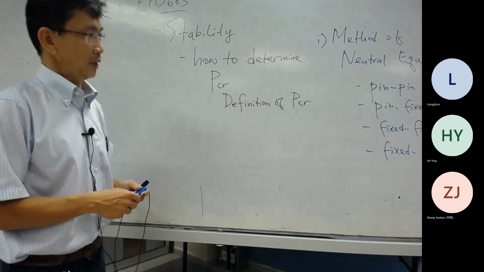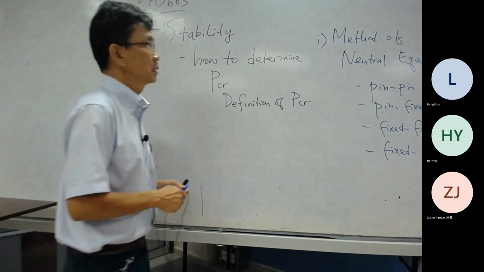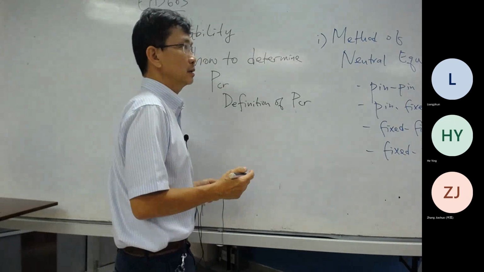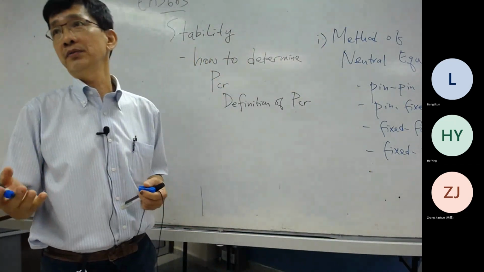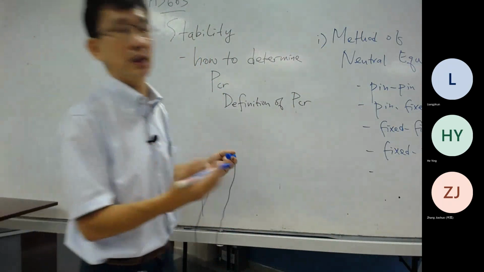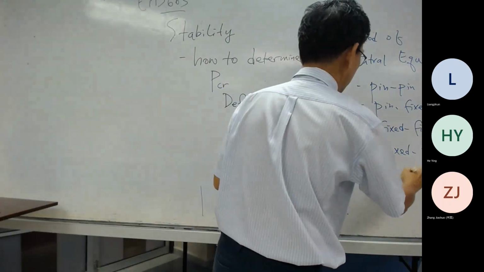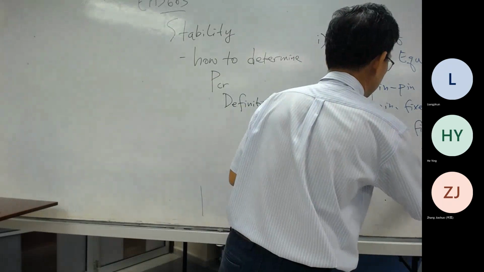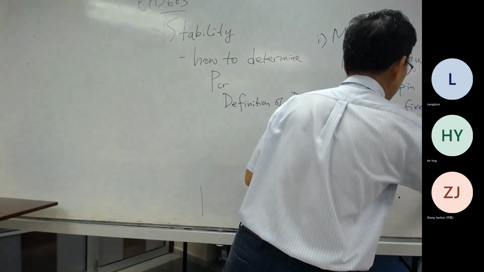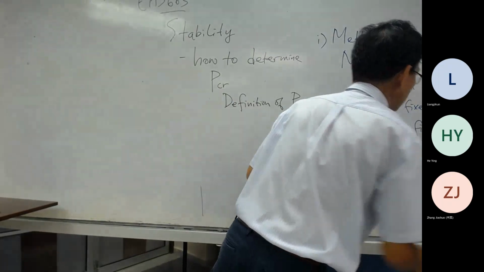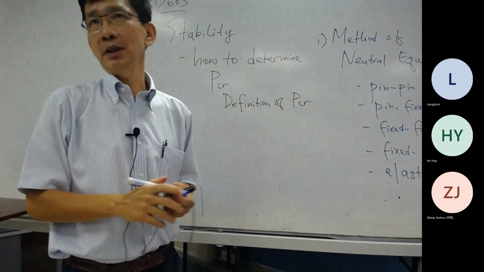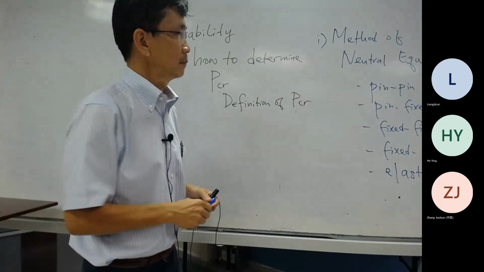We have also looked at elastically restrained. Meaning that it is not completely fixed, not completely free, not completely pinned, but is connected to other members. So elastically restrained means that the restraint here comes from other members, not necessarily as a support.